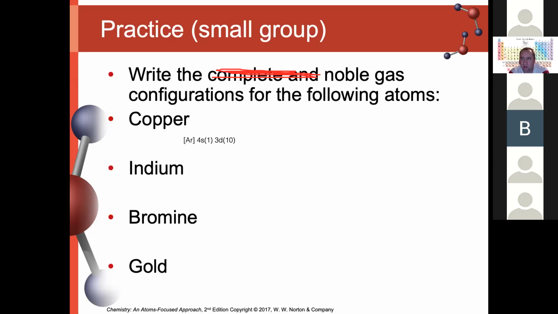All right, go ahead and move on to indium. That would be [Kr] in brackets, and then 4s2, 5s2, 4d10, and 5p1.